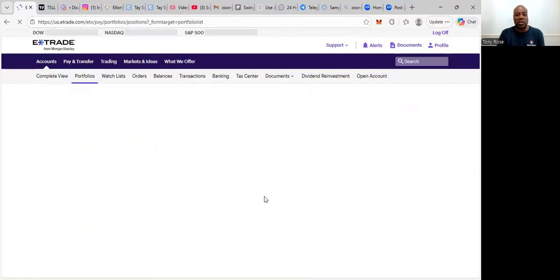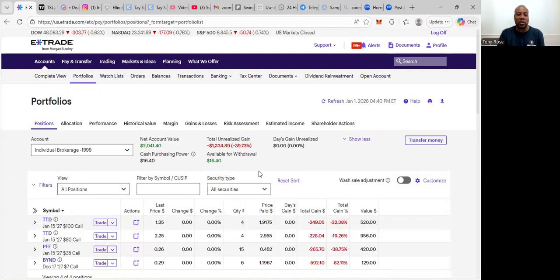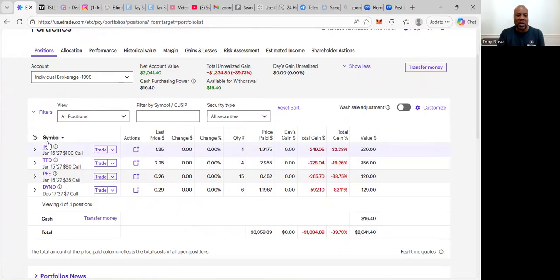Well, this is my options account. I actually have it broken down into two separate accounts. In my options account, like I said, I'm playing these LEAPS. You see, my expiration is January 15th, 2027. I got these maybe a month and a half ago with that much time waiting.